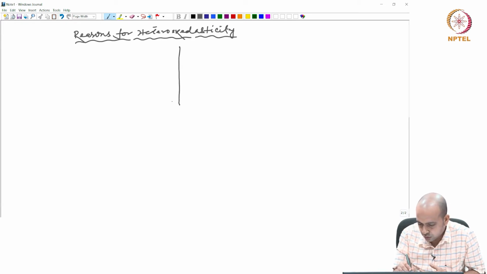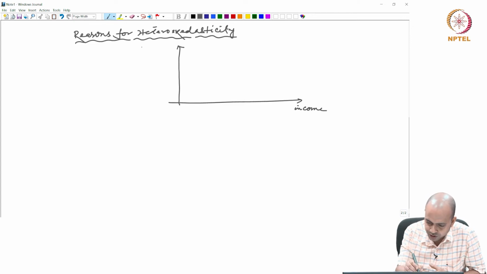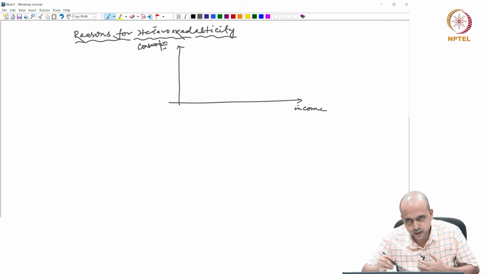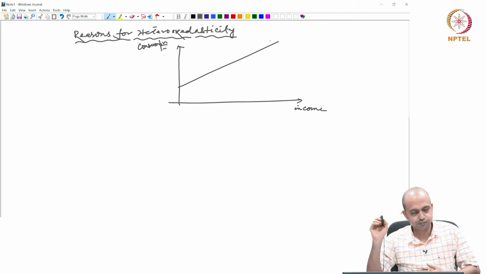Suppose in the x axis I am measuring income and in the y axis I am measuring consumption, right, and let us say this is the regression line that you have estimated.